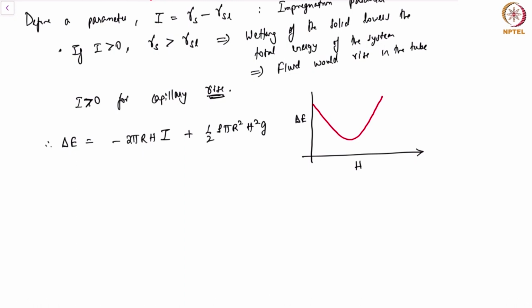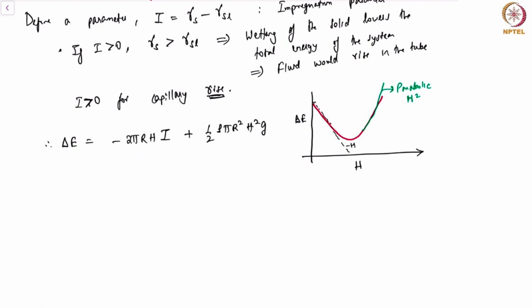So we have this linear reduction with a slope of minus, and the second part here is parabolic, with h square dependence.